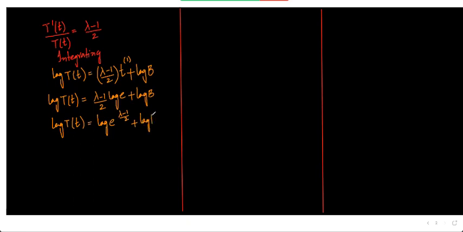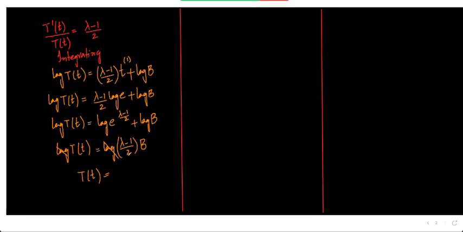Now the right hand side is of the form log a plus log b. We write it as log ab. Log ab means the value of a is lambda minus 1 by 2 into b, right? The log cancels on both sides.